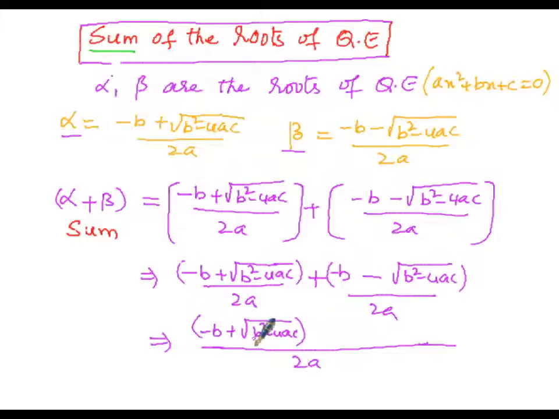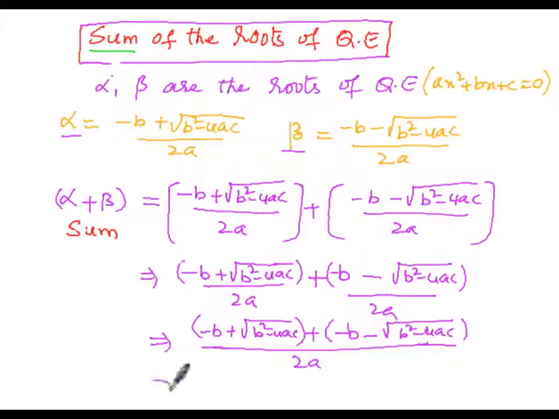Then similarly, plus, when 2a gets cancelled once, the LCM 2a and the denominator 2a get cancelled, 2a once is 2a, then the bracket minus b minus root of b square minus 4ac is left over as it is.